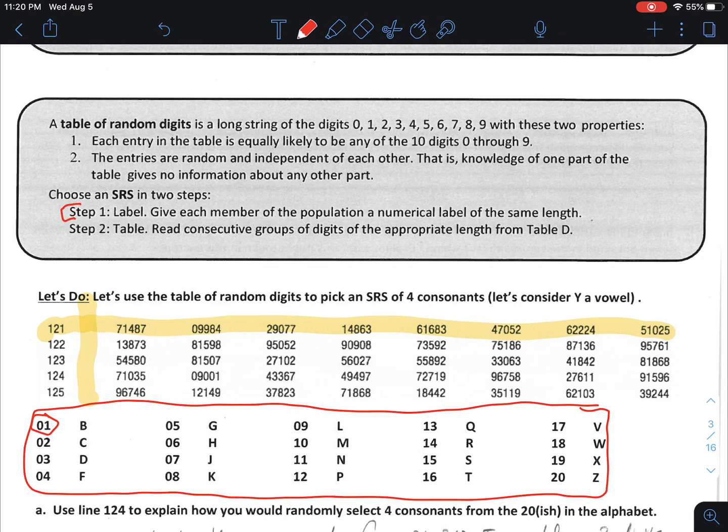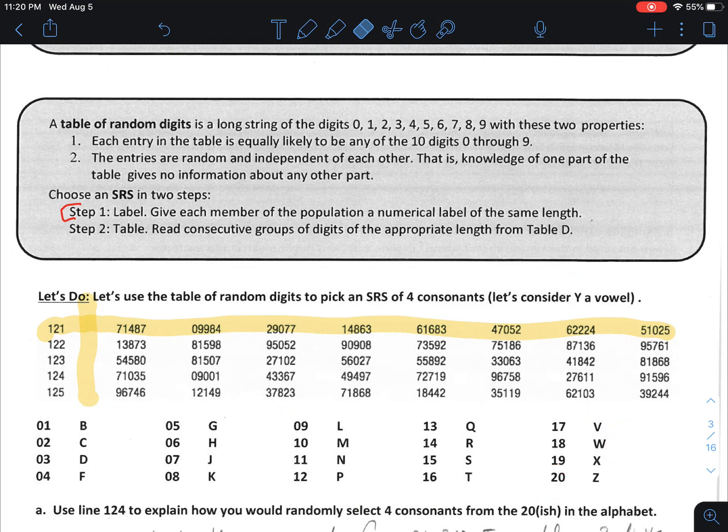So if you have 01, that's considered 1. And the way you know how to label it is based on how many numbers there are in the population. If you have 20 numbers in the population, 20 is a 2-digit number, you go 01. If there was 200 letters, the first number would be 001, okay? And you'll see why in a second.